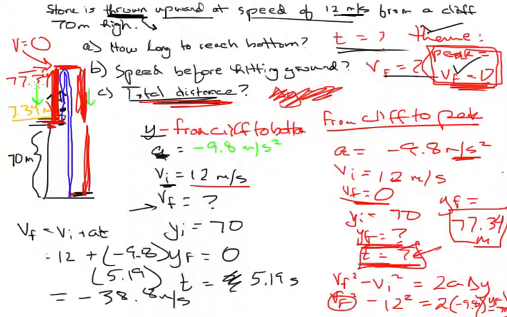If you just subtract 77.34 minus 70, you went up 7.34, and you have to come down 7.34. And then you went down another 70. So add these up: 7.34 plus 7.34 is 14.68, plus 70. That is 84.68 meters. That is your total distance traveled.